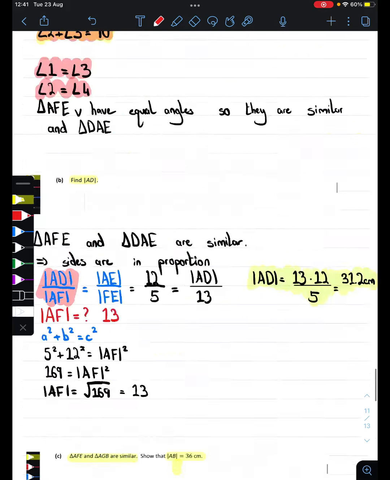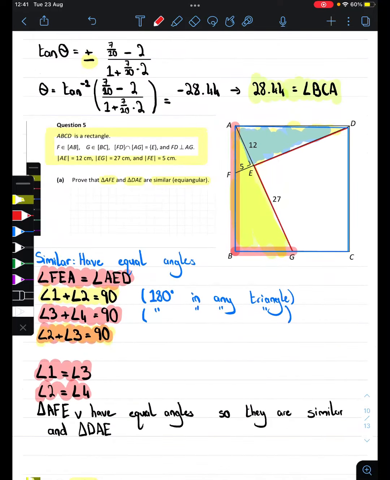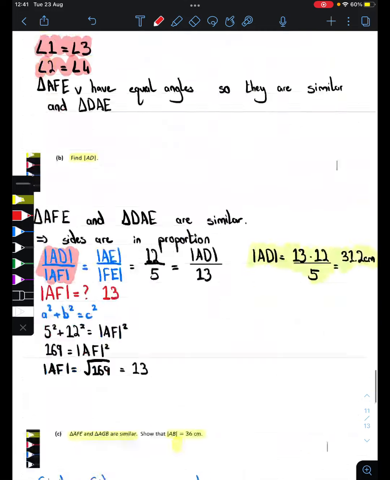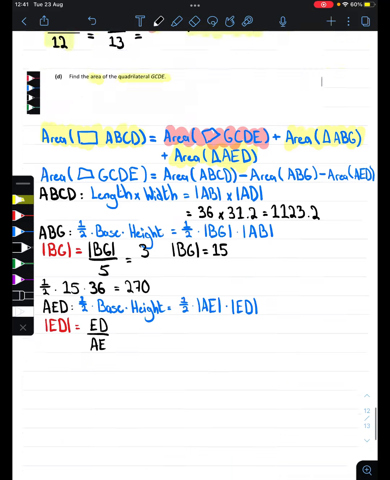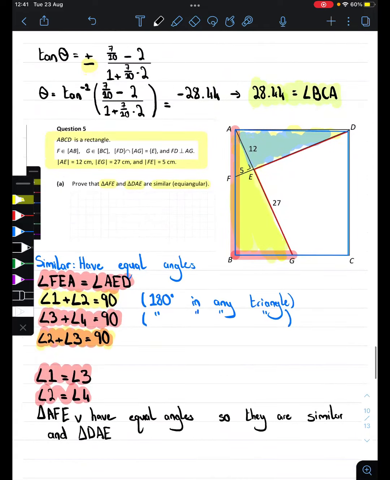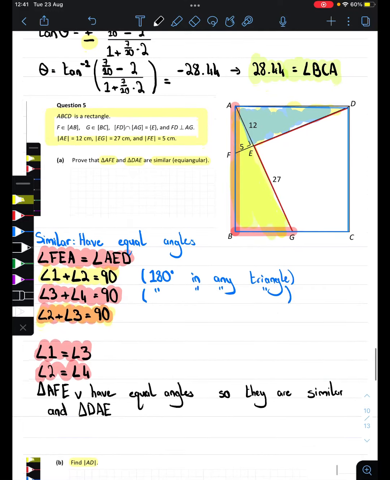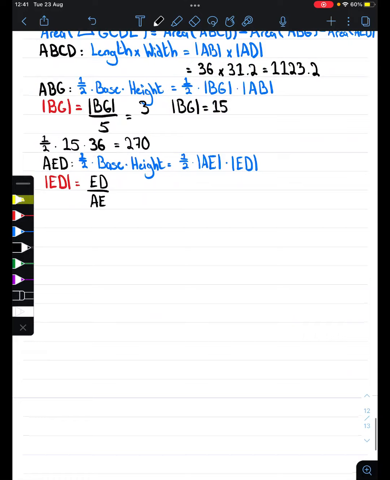We know that it's similar to AFE. So ED over AE, the sides opposite the bigger non-right angle, is equal to 12 over 5, the sides over the shorter angles, equals AE over FE.